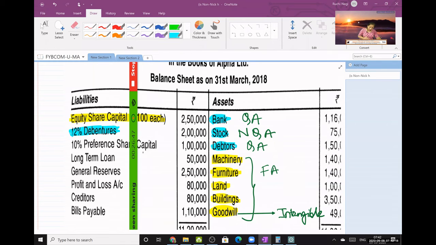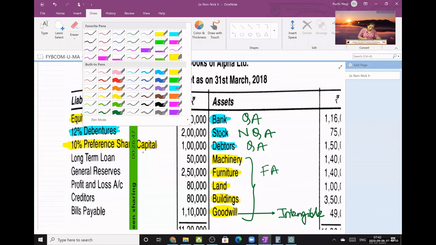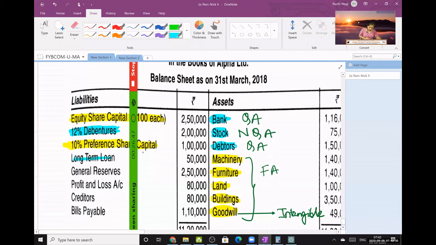Very good. 10% preference share capital. ये भी मेरा उसमें आएगा, first category. What is the first category? Shareholders funds वाला. Yes. ठीक है. देखो long term loans भी अलग से दिया हुआ है. Long term loans. So I'm writing it down, students, for you.